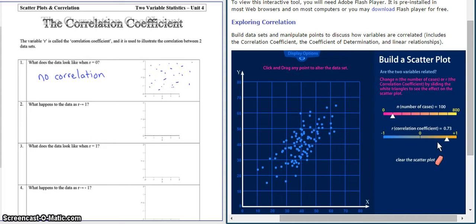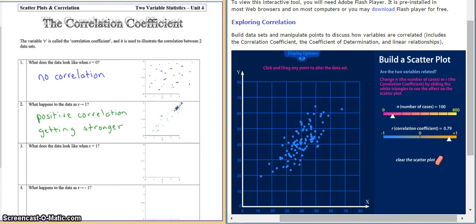Hopefully you answered, as your correlation coefficient approaches 1, your points tend towards a positive correlation and they get stronger. So the closer you get to 1, the stronger the correlation is going to be. So your line of best fit would be increasing to the right, and the points would be getting closer and closer to the line of best fit.